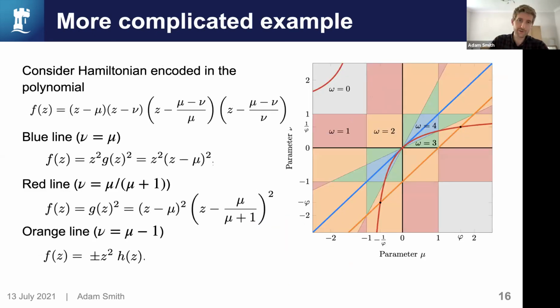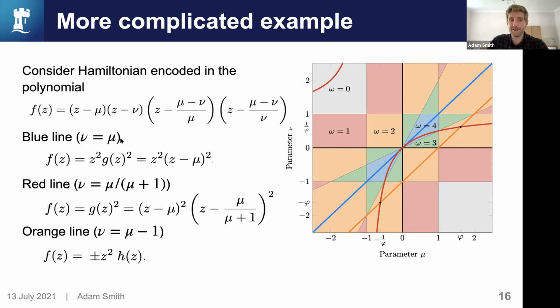So just one more complicated example. I can write down a higher order polynomial. So again, there'll be a Hamiltonian associated with this. And now what I can do is search for these paths through this phase diagram that are MPS solvable. In this case, we actually have 3. We have this blue line in this phase diagram.